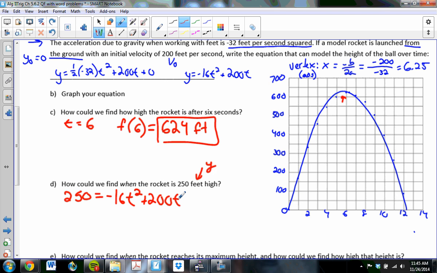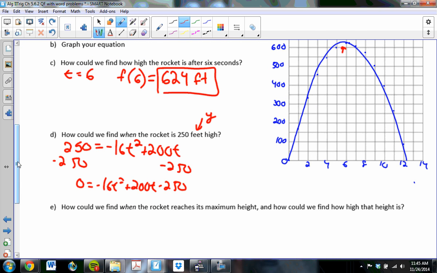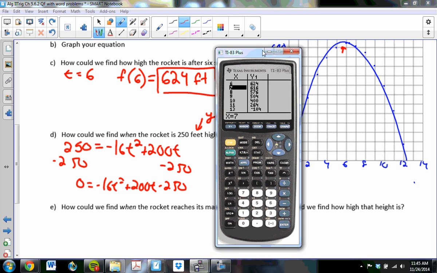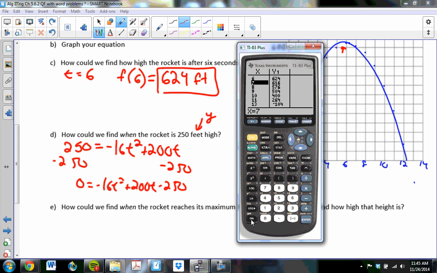Now, because this is a quadratic with two variables, I'm going to subtract 250 from both sides and do the quadratic formula. 0 equals negative 16t squared plus 200t minus 250. On my fancy calculator that I use personally, I've got the quadratic formula programmed into it. Not on this one, but my real one. If you want to do that, that is worthwhile, and I'd be happy to help you figure out how to do that.